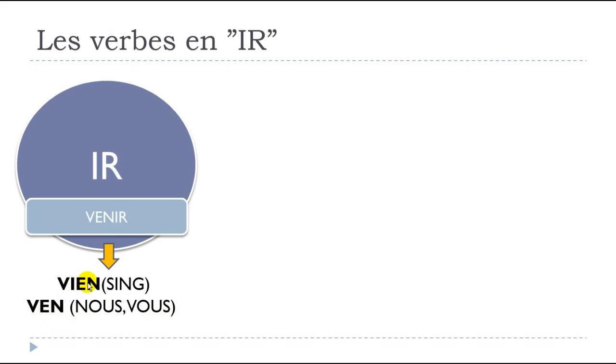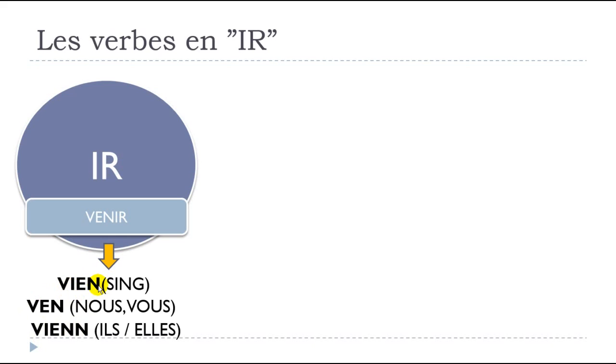Okay, so you can see that it's not the same. And last but not least, we'll have a third stem or root for il, elle at the plural form, and it will be viennent. And this is the tricky thing with venir, and we'll see the other verbs that will be conjugated like it. You've got three forms here.